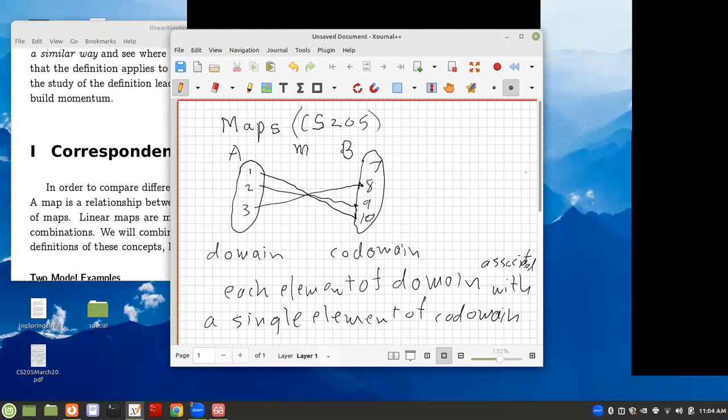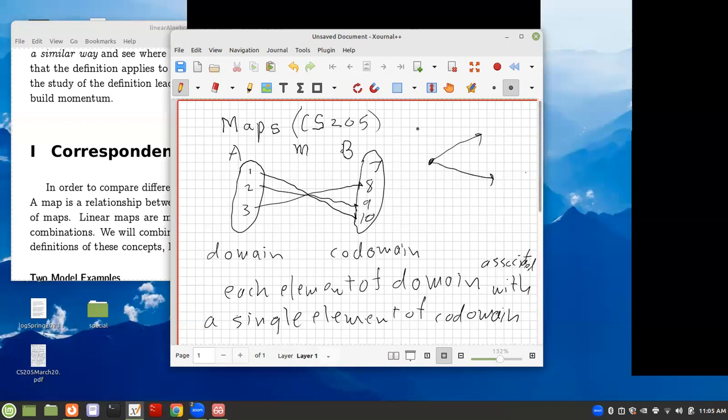You can't have it associated with 2 elements. Now, the elements of B, like this number 7, don't have to be associated with anything. In fact, here you couldn't have a map that associated every element of the codomain, because there are too many of them.